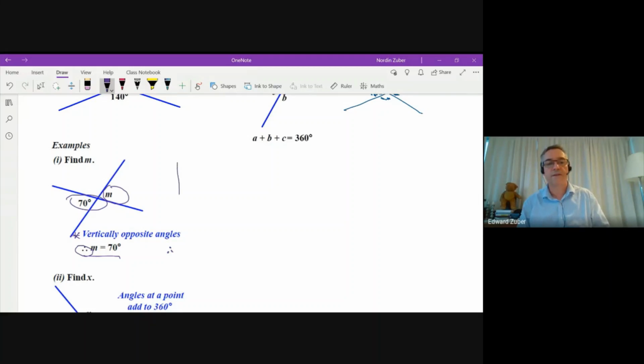A very simple introductory Year 7 answer would just be m is equal to 70 degrees. A more advanced answer would be to write they are vertically opposite angles. So actually write the sentence, vertically opposite angles, and therefore m equals 70, like that.